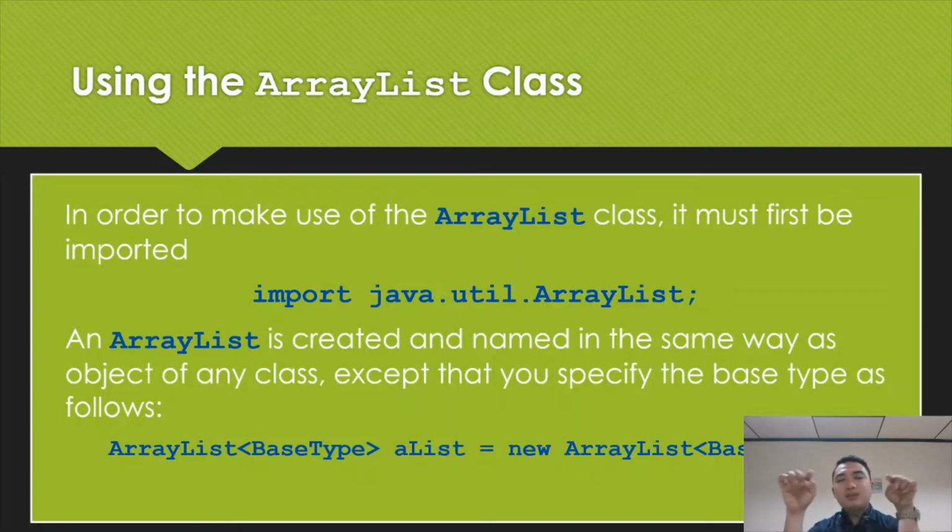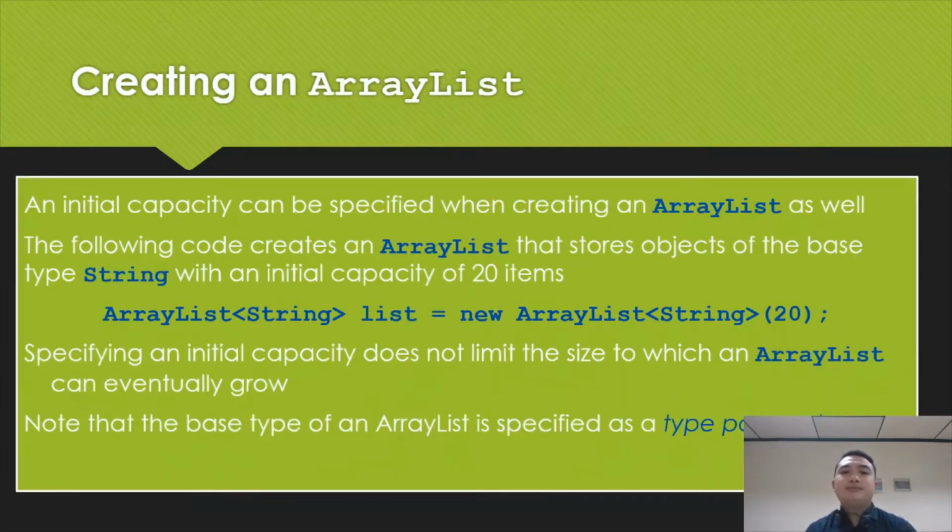The base type is optional, but you can include int, Integer, double, whatsoever. But in our example, let's be flexible on the different data types, so the base type can be omitted. So ArrayList, and then the name of the object, in this case AList, equals new, which is the instantiation keyword, and then ArrayList, open and close parenthesis, semicolon.